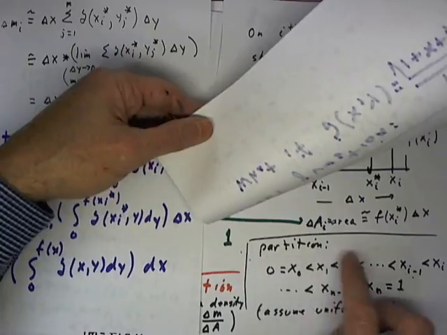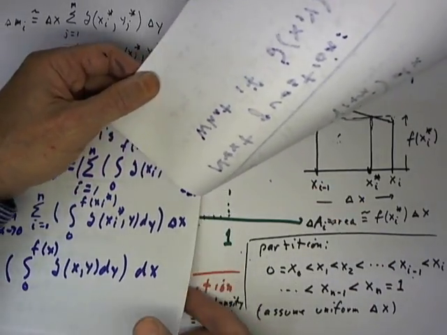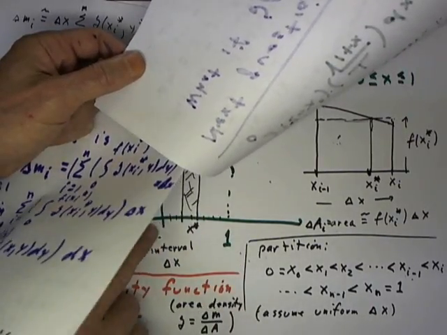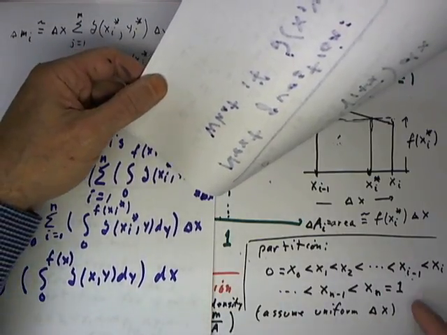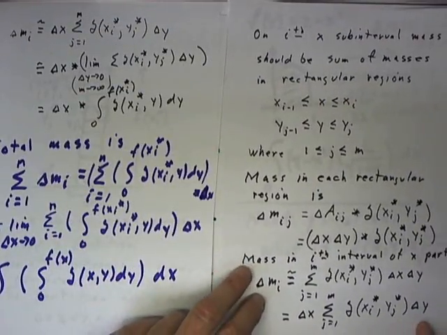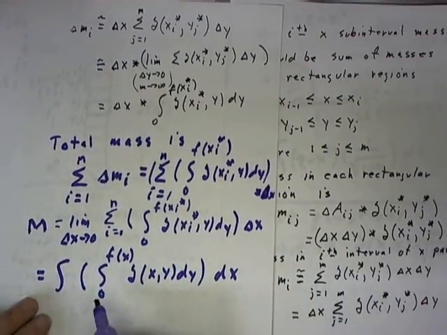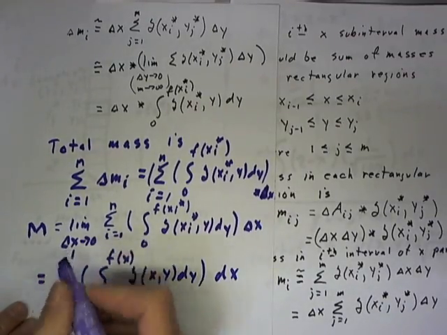This entire process started with a partition of our x interval. Remember that our original function ran from x equals 0 to 1, so we partitioned our interval from 0 to 1. Our original region then goes from 0 to 1, and our x interval runs from 0 to 1.